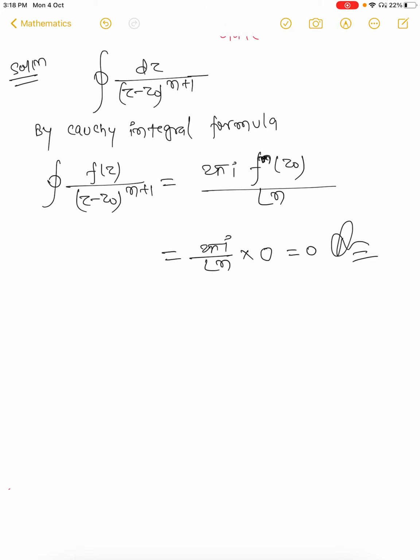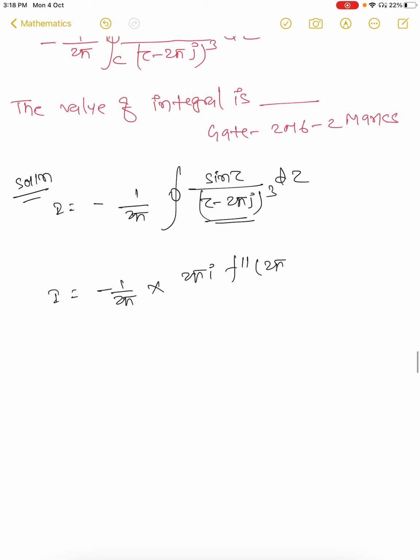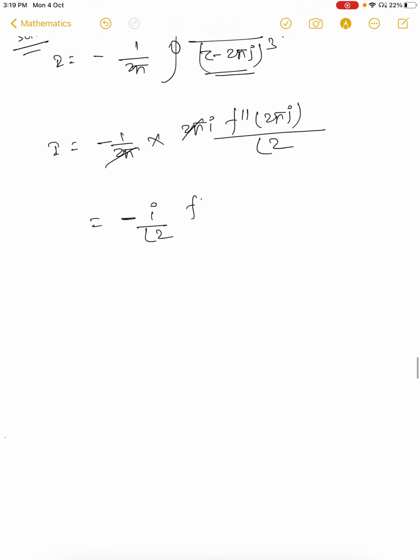The other terms are constant, which is why after integration it will be 0. So with the double differentiation of f at 2 pi j and factorial 2, the 2 pi cancels out, leaving minus i upon factorial 2, and we have to find f double dash (2 pi j).